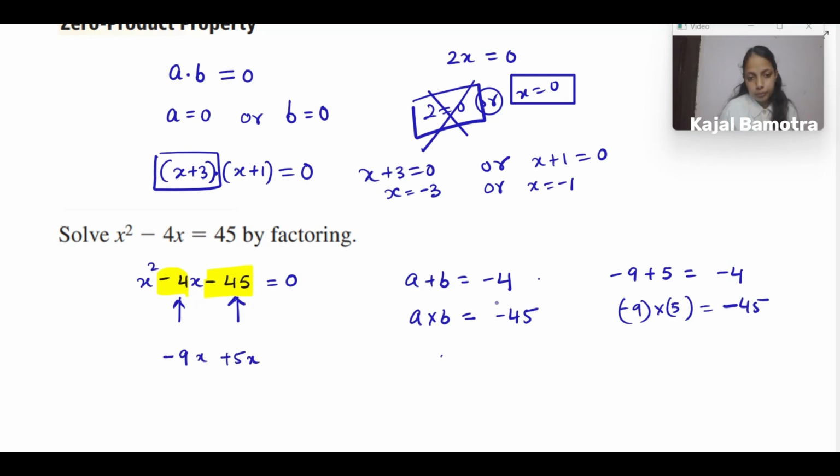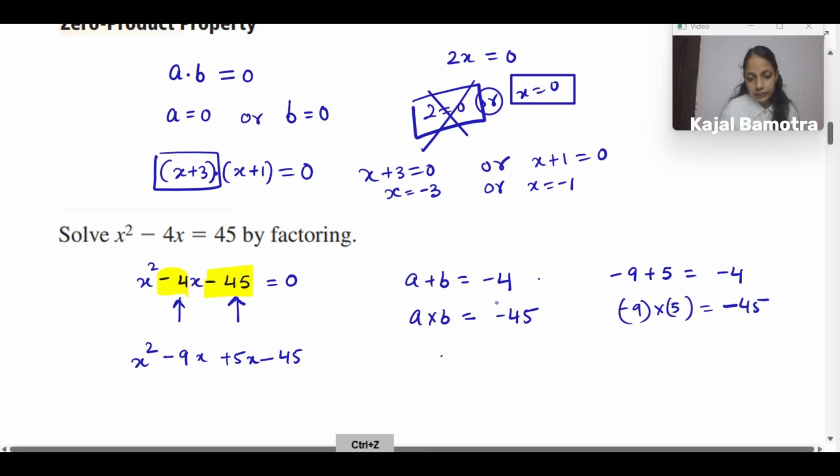x with both. So only the middle term is changed. -4x is written in the form of -9x + 5x = 0. From the first two terms, I can take x outside. What is left? x - 9.